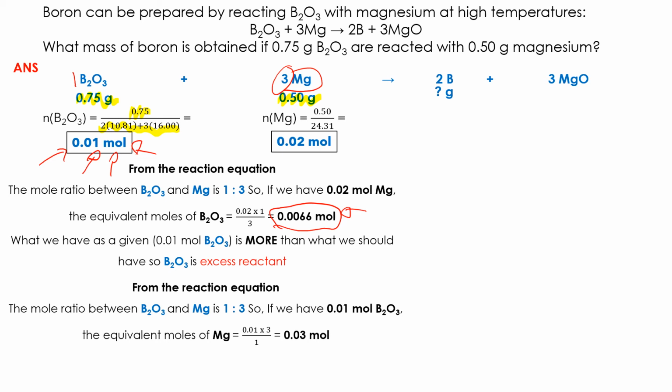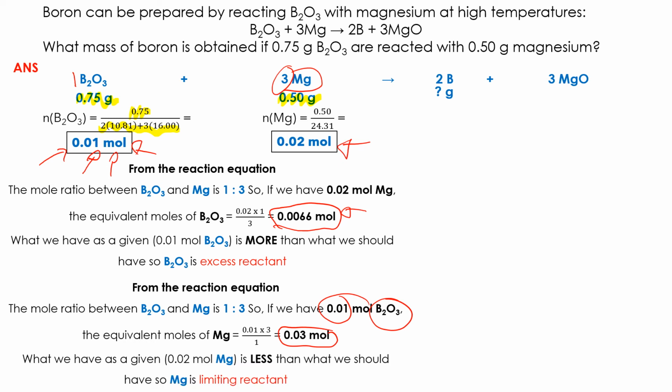The equivalent number of moles of Mg is 0.03. So if I used these givens of moles of B2O3, I should have 0.03 magnesium, while what I have is less than what I need, which means that Mg is the limiting reactant.